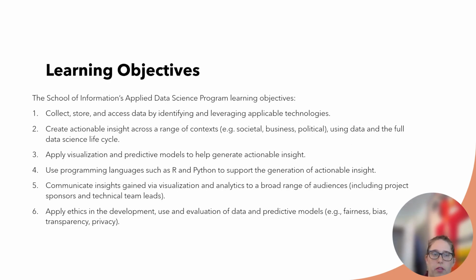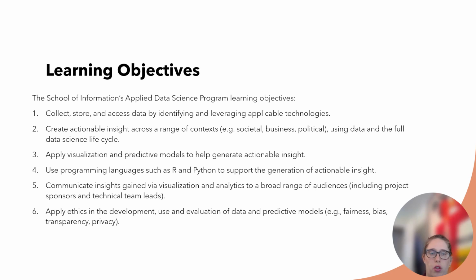The learning objectives for the School of Information's Applied Data Science program are: number 1, collect, store, and access data by identifying and leveraging applicable technologies. Number 2, create actionable insights across a range of contexts using data and the full data science lifecycle. Number 3, apply visualization and predictive models to help generate actionable insight.